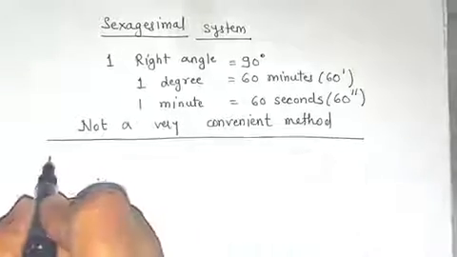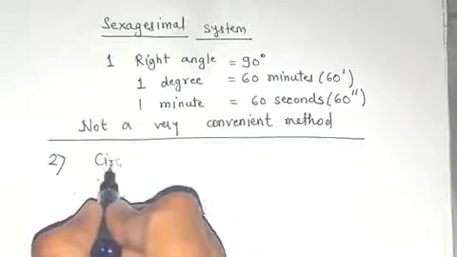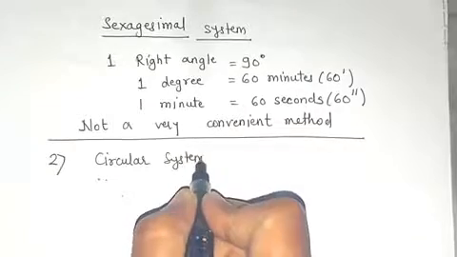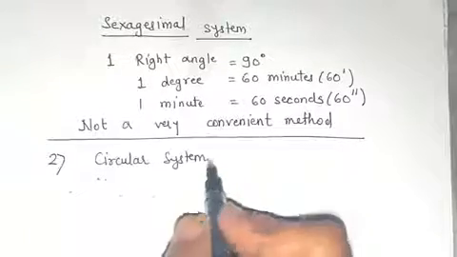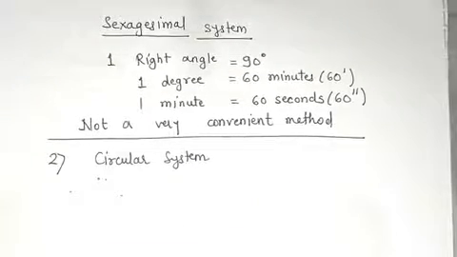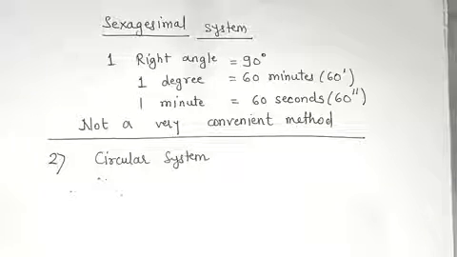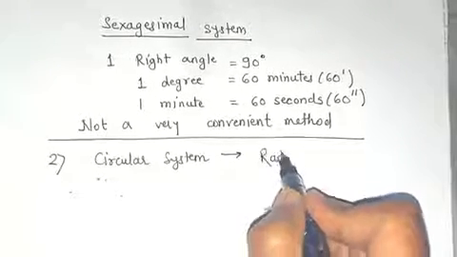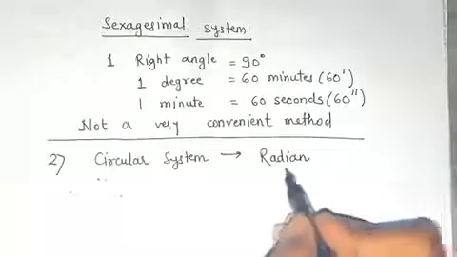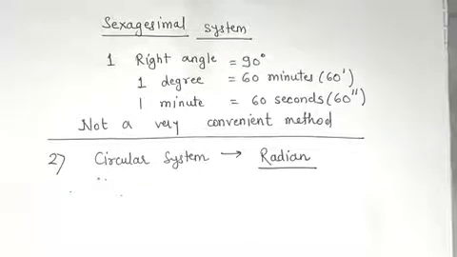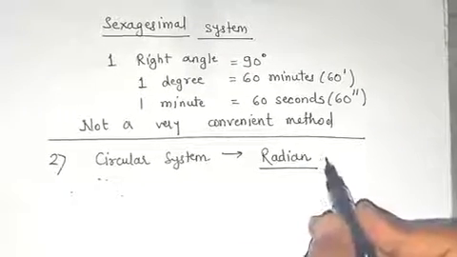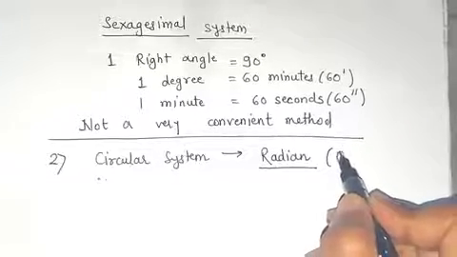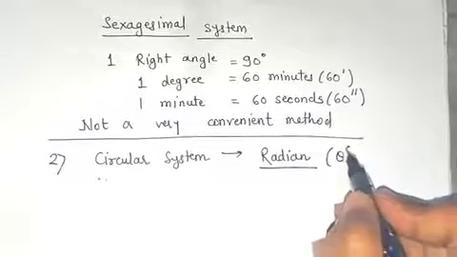Now the second system is called the circular system for the measurement of angles. In this system we measure the angle in radian. Suppose I want to write theta radian, so the symbol will be theta c.